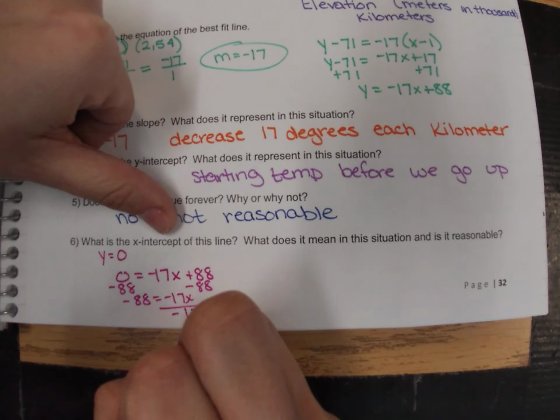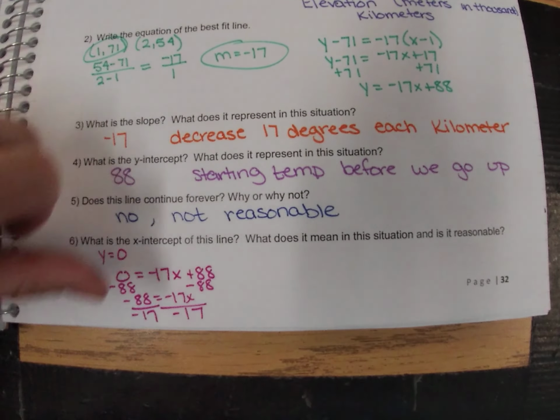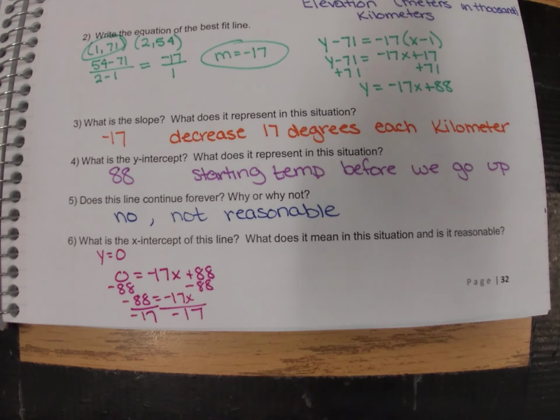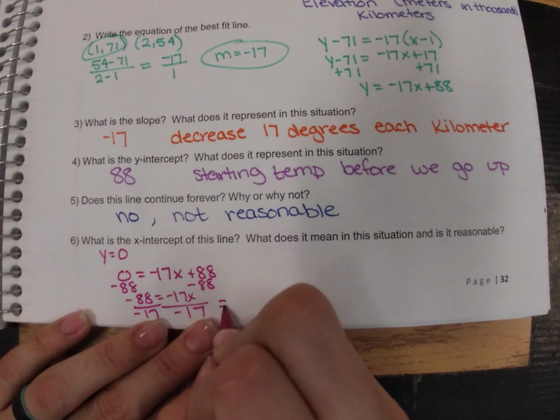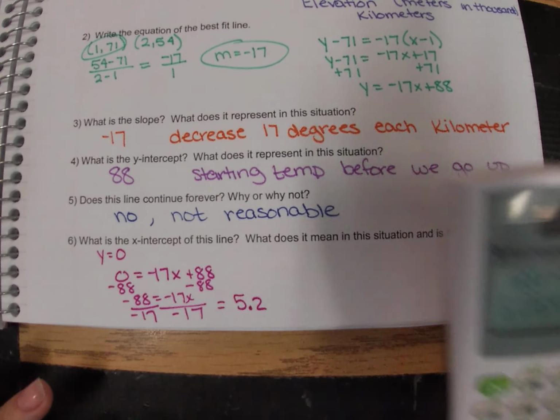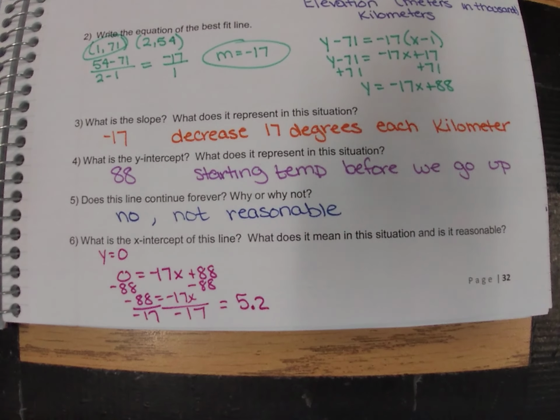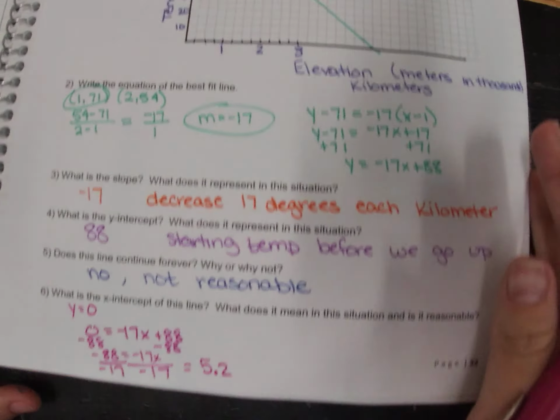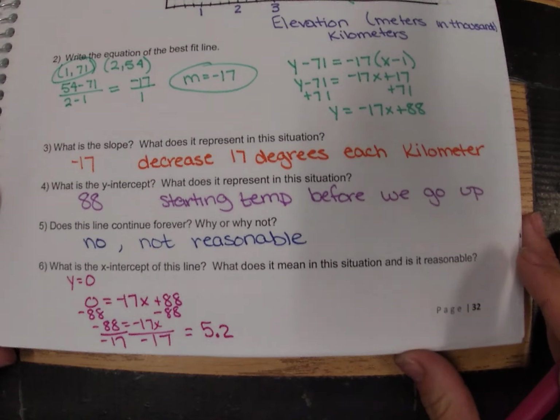I'll divide by negative 17. Now I'm going to get a decimal. So I'm rounding to the nearest tenth. We get 5.176, right? It's about 5.2. So this x-intercept is at 5.2. Over here on our graph would be 5.2.